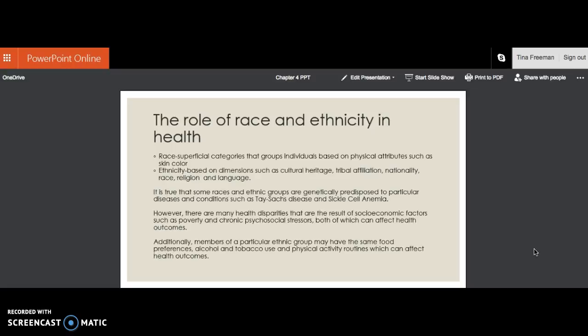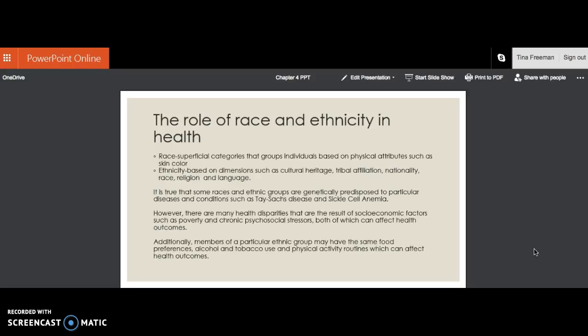So I'm sure that there are some of you in class that belong to different ethnicities than some of the rest of us. This adds a lot of really interesting components to the role of health and health care and access to health care. So when you think about different ethnic groups or cultures, they may have different food preferences.